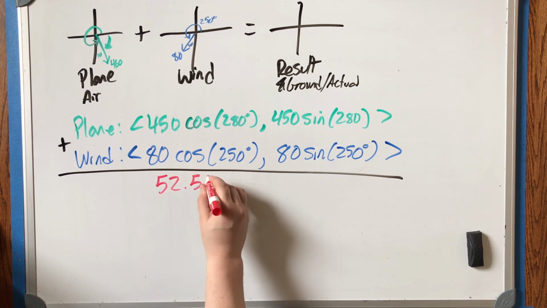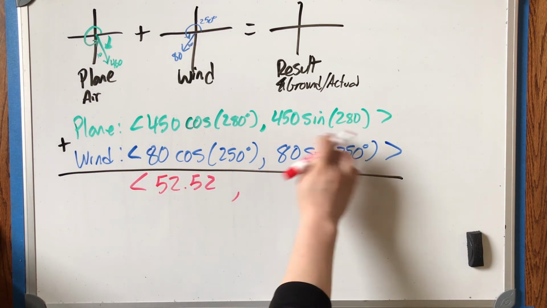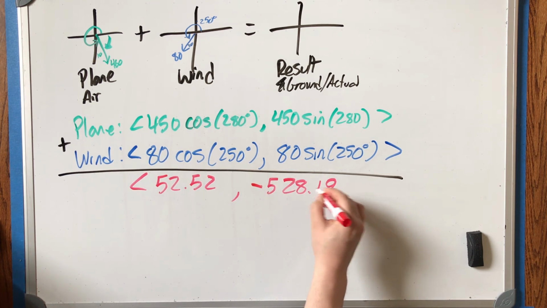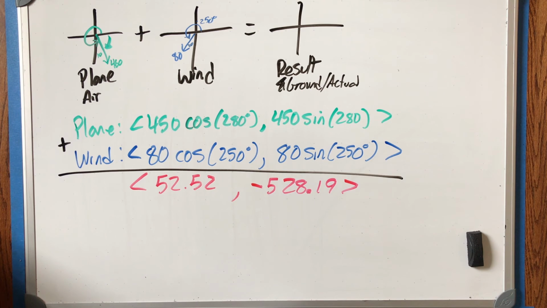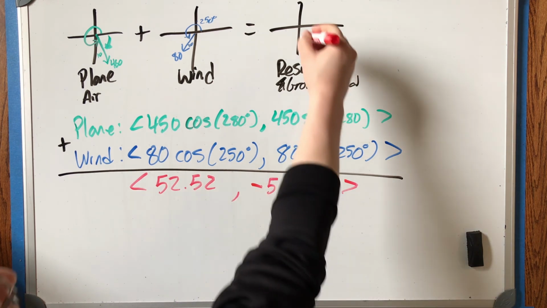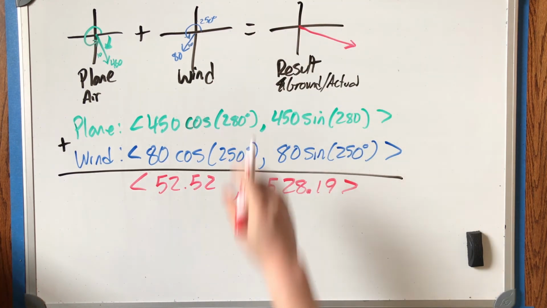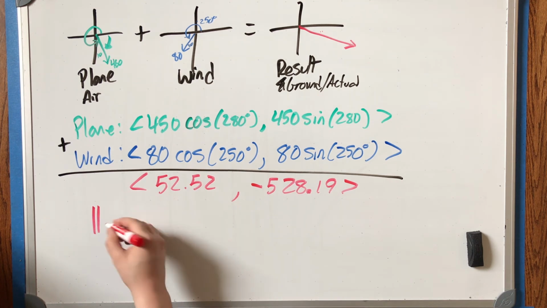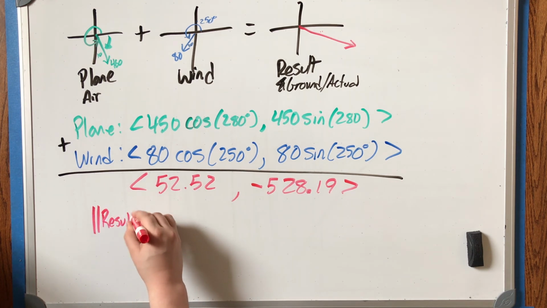And I get 52.52, and I'll do the same thing here, and I get negative 528.19. So that's the component form of this thing right here. I can see it's positive x, negative y, so I know that it's going to be somewhere down here in the fourth quadrant.